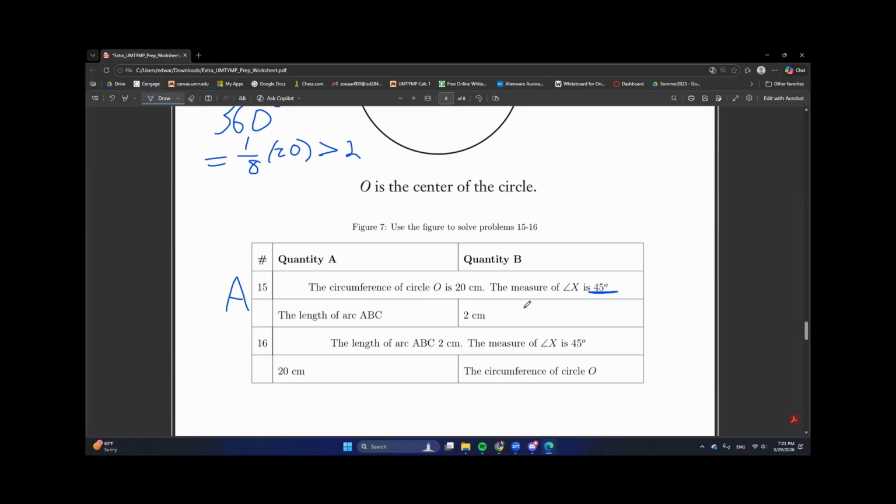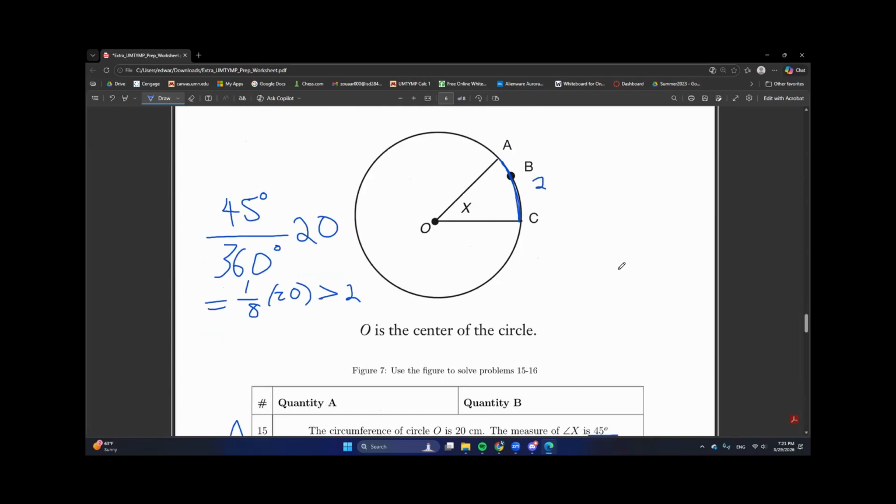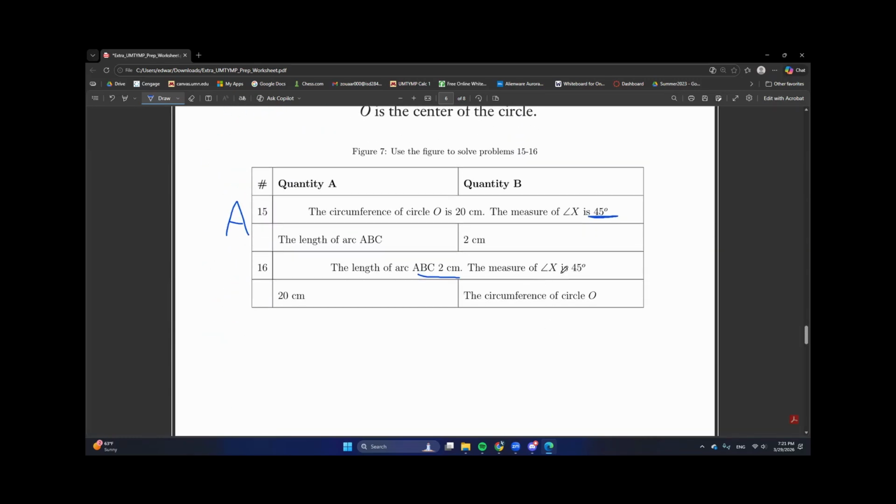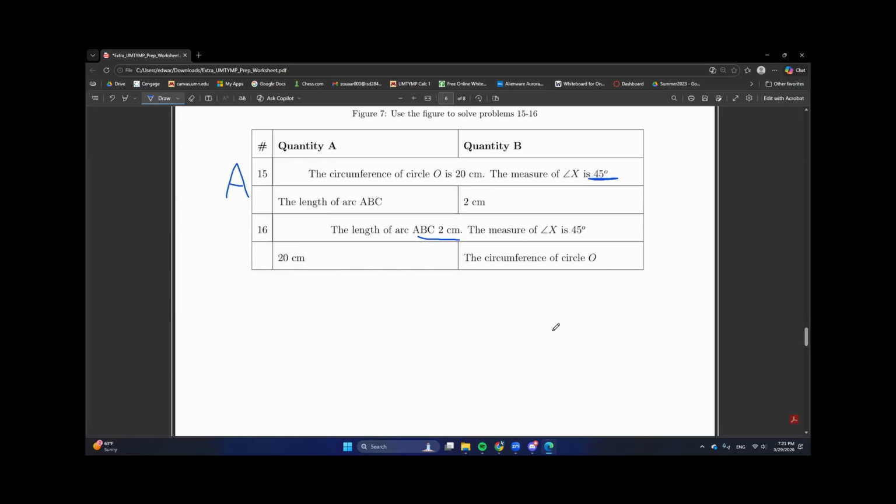We will see that these two will give us different results. So now we assume that the length of the arc is 2 centimeters. And we're given the same angle, and now we want to find the circumference of the circle. So all we have to do is reverse this process. If the length of this arc is 2, that means 2 will equal 45 degrees divided by 360 degrees times the circumference, which I'll call x, and we solve this equation.